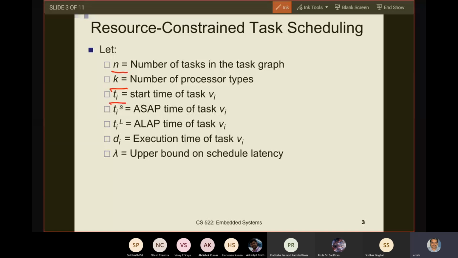Ti, the start time of Vi, and that is the decision, and will come after we solve the problem. TSi is the ASAP time of task Vi. We understood what ASAP time is. TLi is the ALAP time. Di is the execution time of task Vi. That means the estimated execution time that this task will take, based on which we will design our schedule. And lambda is an upper bound on acceptable schedule latency.